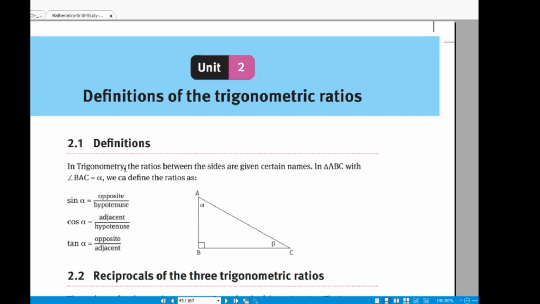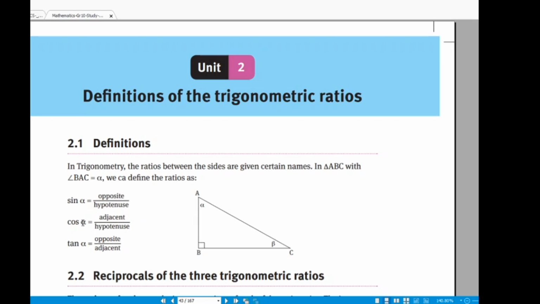In trigonometry, the ratios between the sides are given certain names. In triangle ABC with angle BAC equal to alpha, we can define the ratios as follows. The ratio sine alpha is equal to the opposite side of angle alpha divided by the hypotenuse.